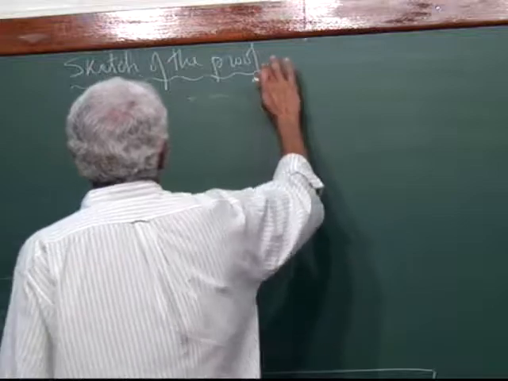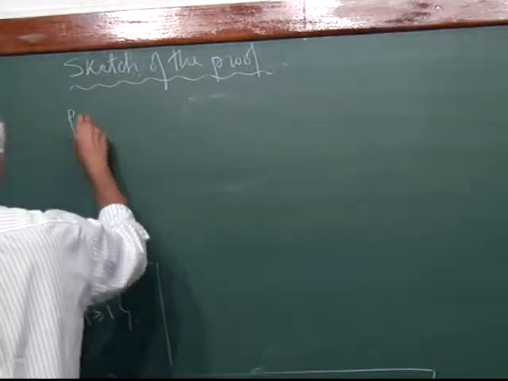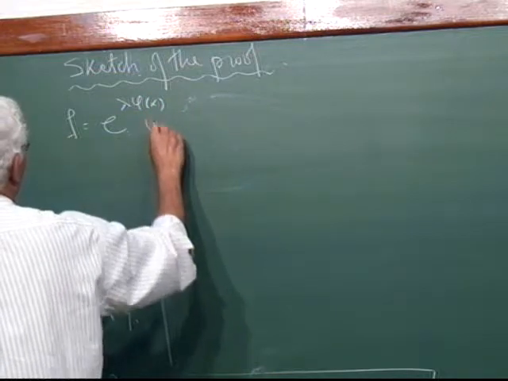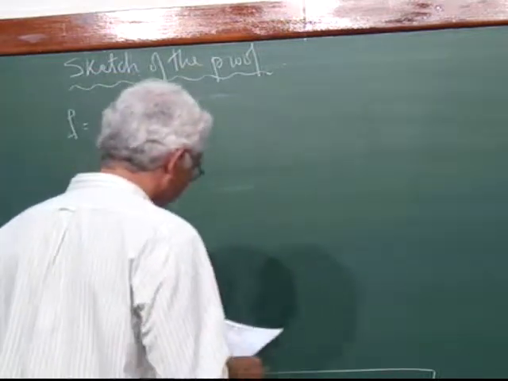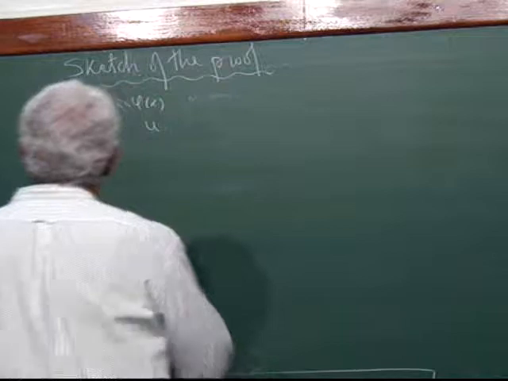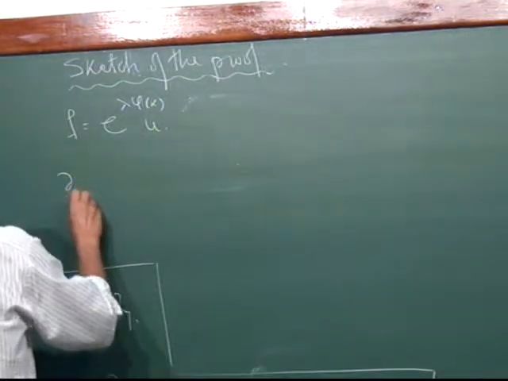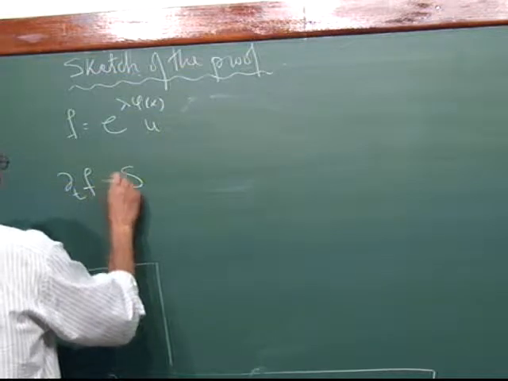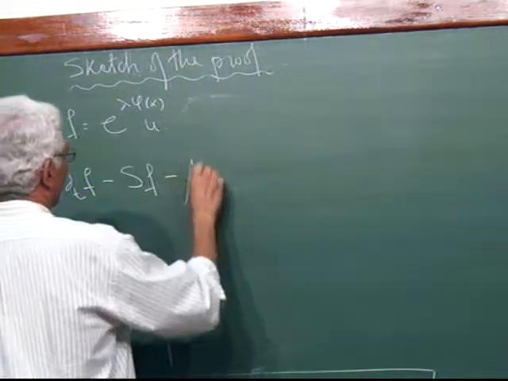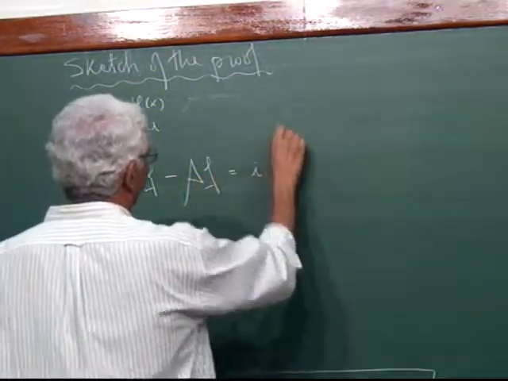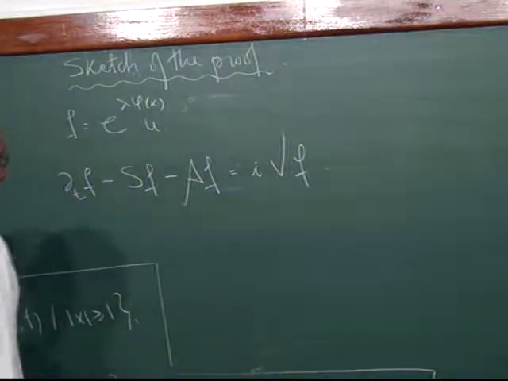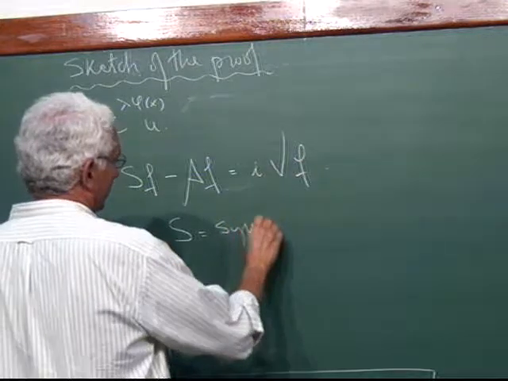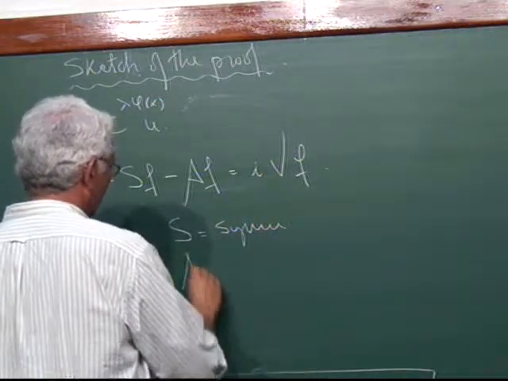It says you write f to be this function. Then f satisfies an equation of this form, where S is symmetric and A is skew-symmetric.